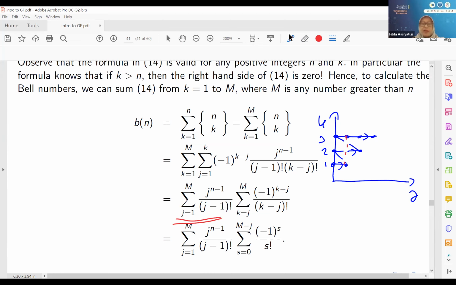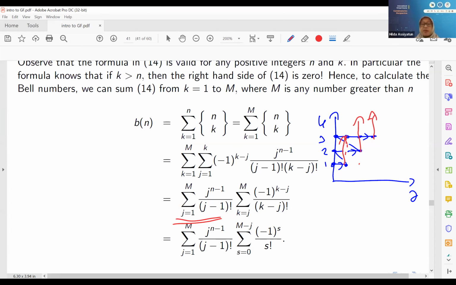Then j adds one more value, 2, and going up again. So basically we do the same counting, but in a different way. That's why we can change this summation into this. We interchange the order.